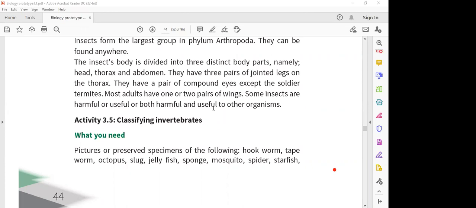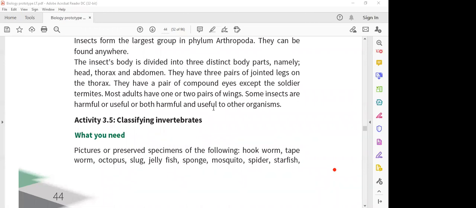Okay, you can see that that's a very good answer. If it is a vector of diseases, wherever it goes it will transmit cholera, dysentery, it means that is already a disadvantage to us.